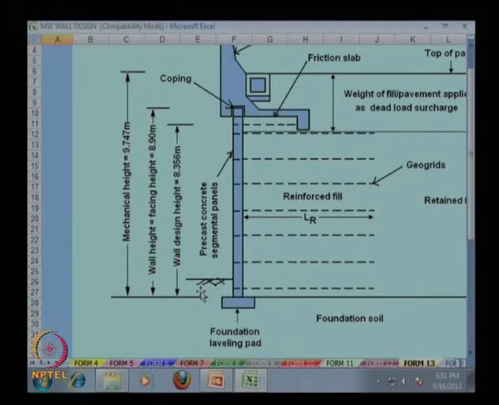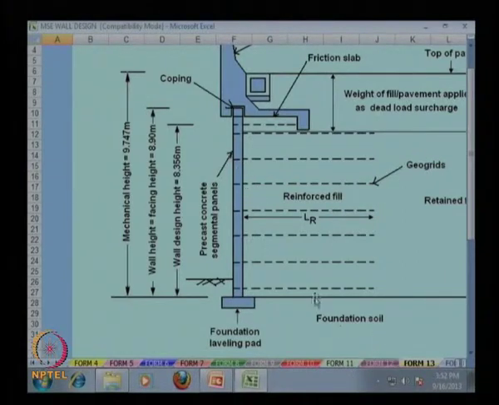This is the wall design height, from here to here is about 8.356 meter, and this is the wall height, that means facing length is about 8.90 meter, and this is the mechanical height, that is 9.747 meter.